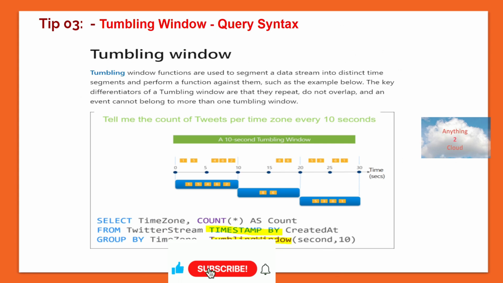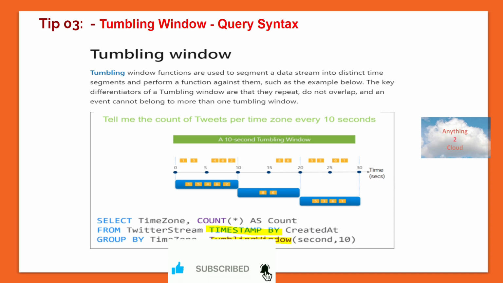Next, we'll see the query syntax for tumbling window. With the same example, to find the count of tweets per time zone every 10 seconds, how can we write a query in a tumbling window? The diagram shows the syntax here. You could see here: SELECT TimeZone, COUNT(*) AS Count FROM TwitterStream TIMESTAMP BY CreatedAt GROUP BY TimeZone, TumblingWindow(second, 10).